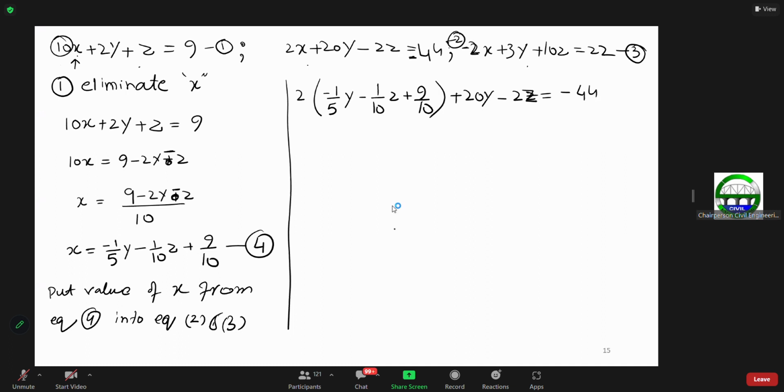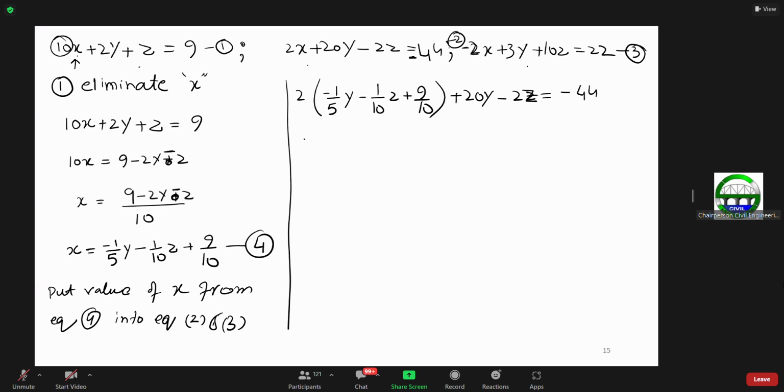Right? So let's try to simplify it. If you try to simplify it in this equation, you will see your final equation will be, okay, let's try to simplify by ourselves.